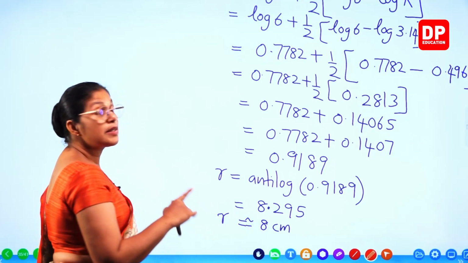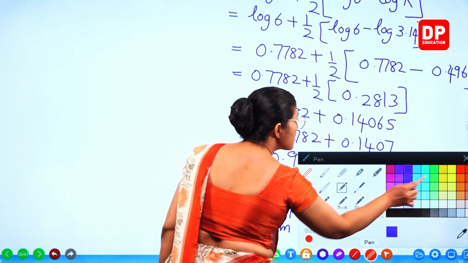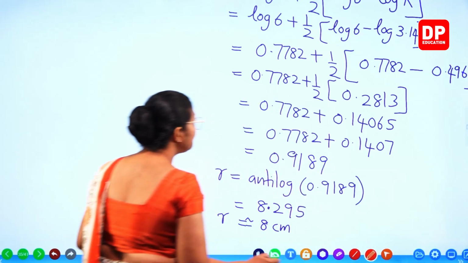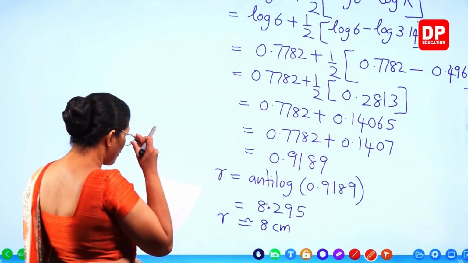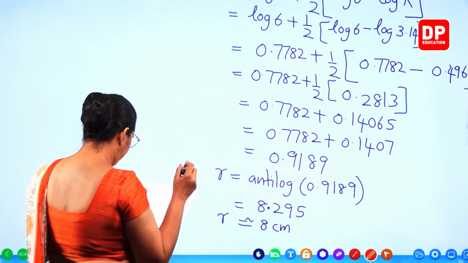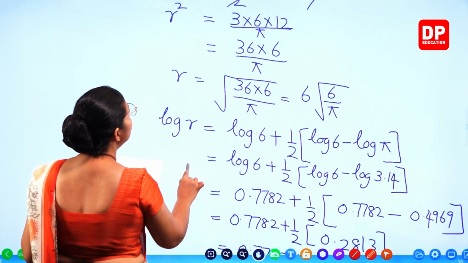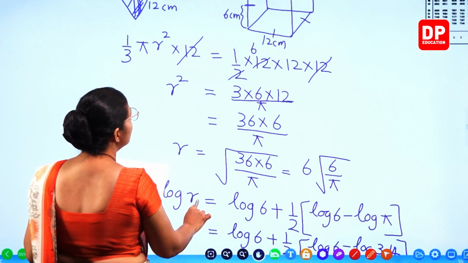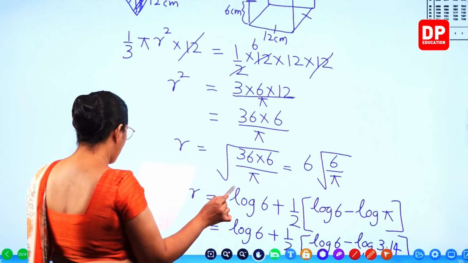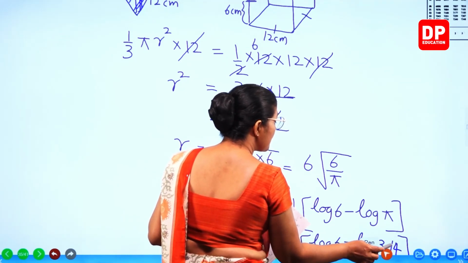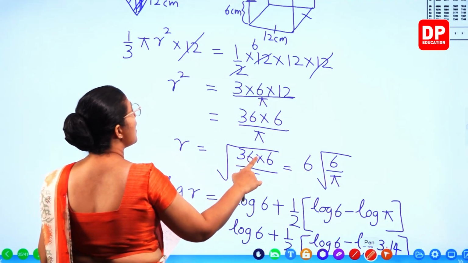We'll write approximate value. Let's see how many marks given for each part. 4 marks for showing this r.